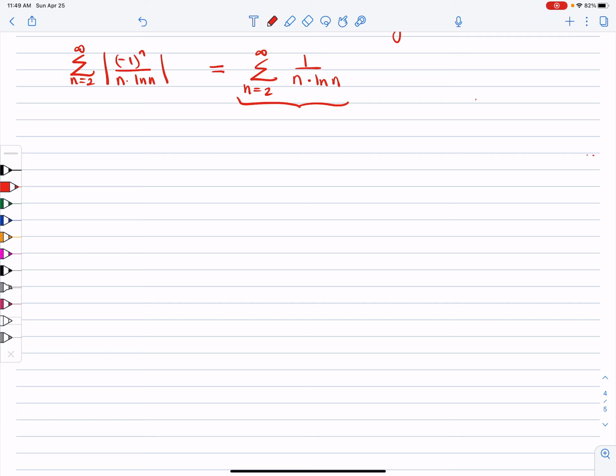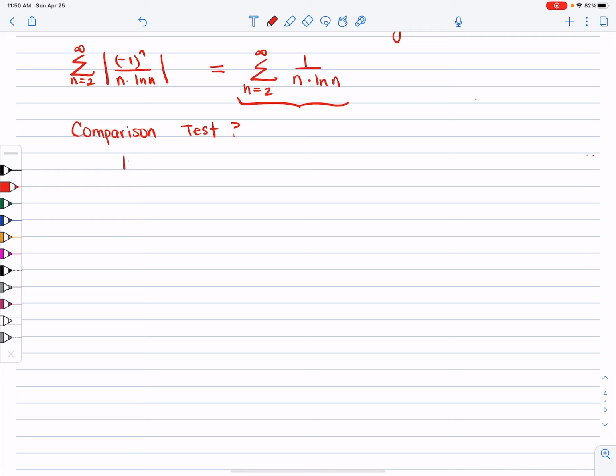I'm going to start, just because I want to talk about it, with the comparison test. If you're going to use the comparison test, you remember you got to get another series b sub n to compare it with. But you have to show that the inequalities will hold true whenever you're comparing something.